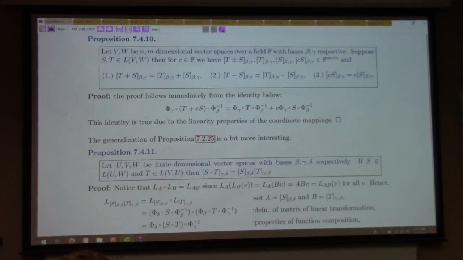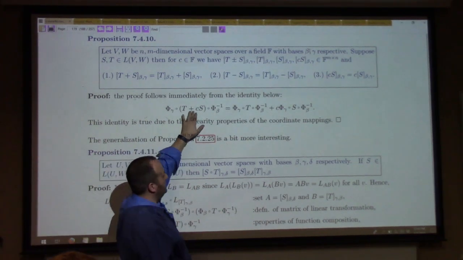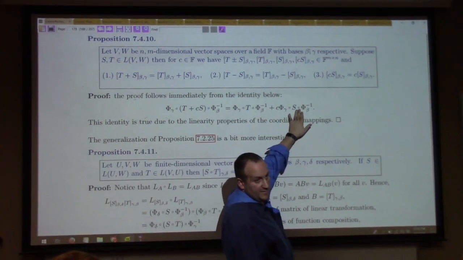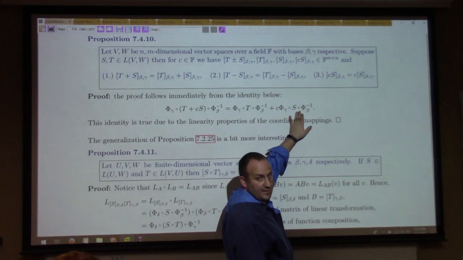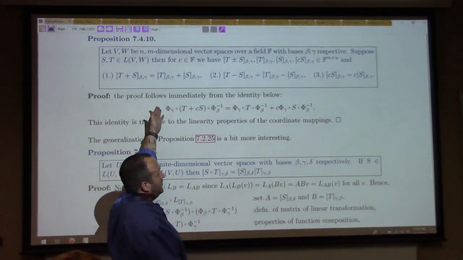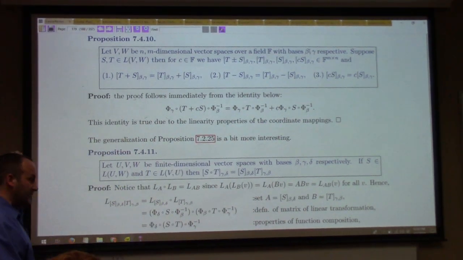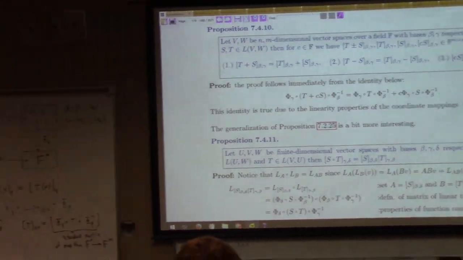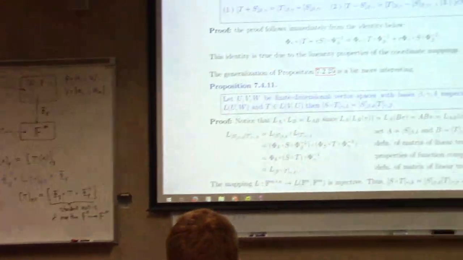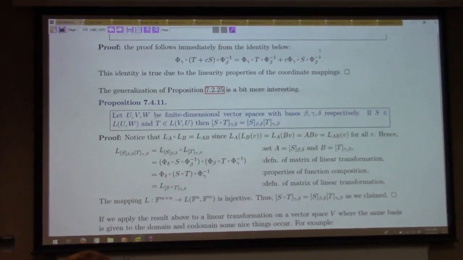So if these identities are true, then the standard matrix of this is equal to the standard matrix of that, plus c times the standard matrix of that, and that's exactly the proposition. So I can use this identity I worked out to prove that by relying on the corresponding facts for standard matrices.